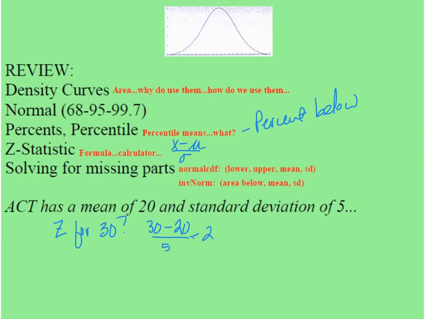So what that represents is that this person that got a 30 is 2 standard deviations above average. And I know it's above because it's a positive 2. If it had been a 10, 10 minus 20 divided by 5, that'd be negative 2. They're 2 deviations below average. Okay, so that's really what the z-statistic means. Sometimes it's called the standardizing score, but it's just how many deviations away from the mean are you?